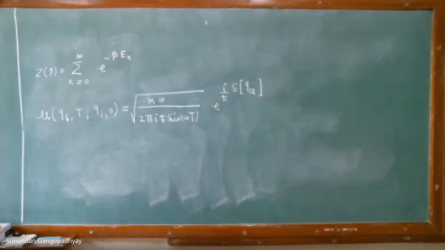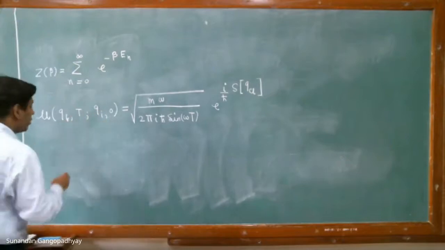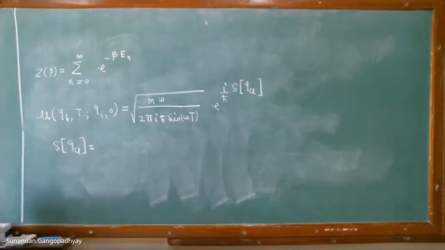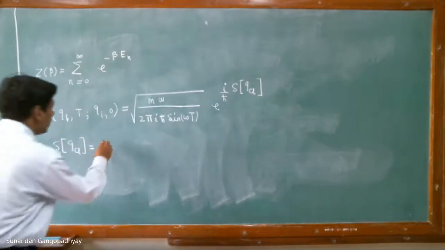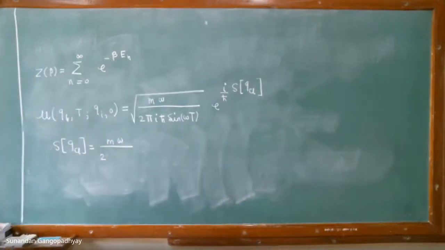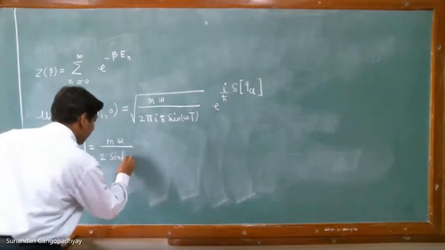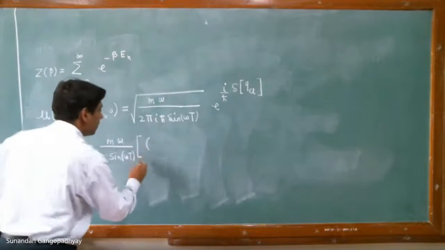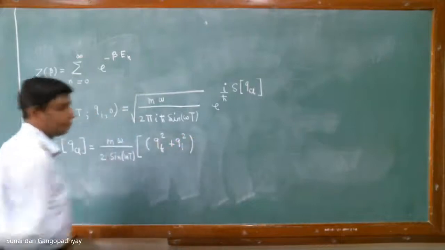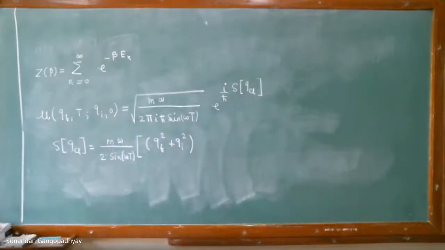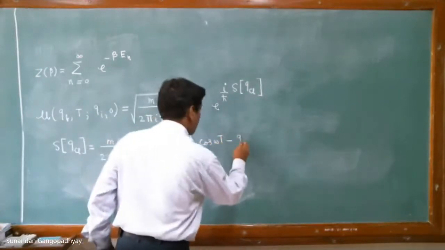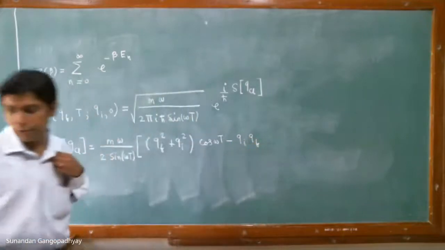This is the propagator for the harmonic oscillator, and this S classical is given by the following expression: m omega by 2 sine omega T, times q_i squared plus q_f squared times cos omega T, minus 2 q_i q_f.